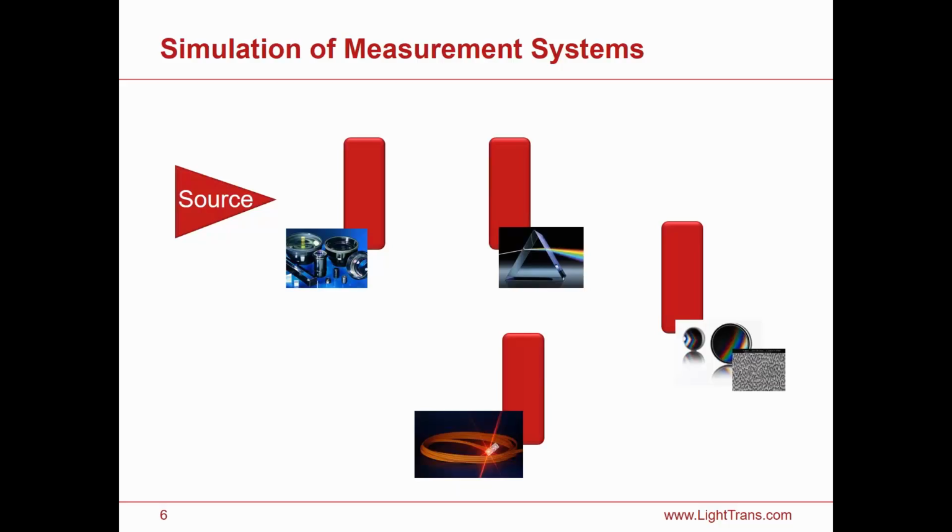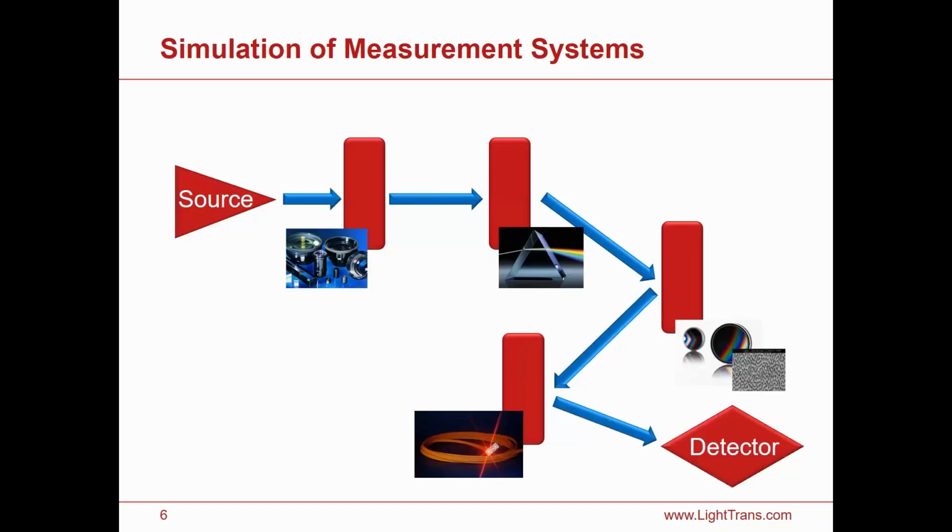And afterwards there are lots of possible optical components like lenses or dispersive elements which show some coherence effects. Then maybe there are components where interference effects are of interest, or something like gratings, which show diffractional effects. Then we have maybe optical fibers, and afterwards at the end we want to detect a signal.